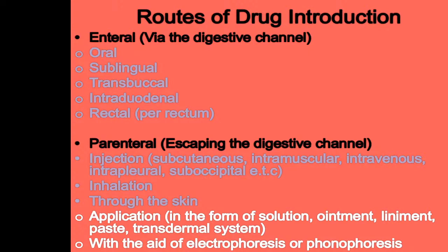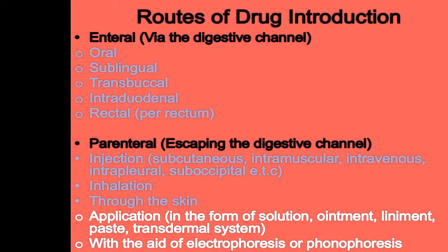More often, we administer 3-4 drugs, and these drugs can interact within the digestive channel. For example, there can be direct physical or chemical interaction, or interaction because of influence on peristalsis.